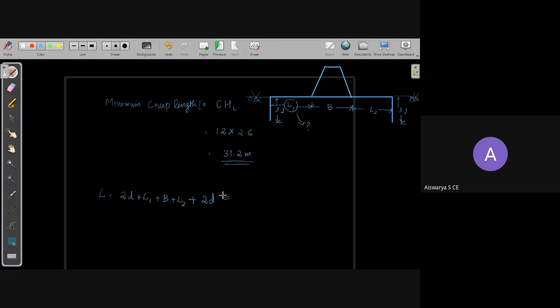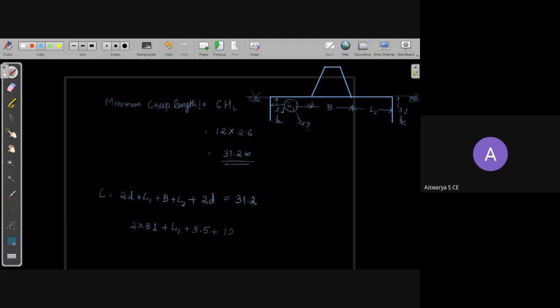The total creep length should be at minimum how much? 31.2 meter. So substitute the values here and find out what is L1. 2D is 2 into 3.1, plus L1 is unknown, plus B is already given, the bottom width of the weir, 3.5 meter, and L2 we have found out. What is the value of L2?